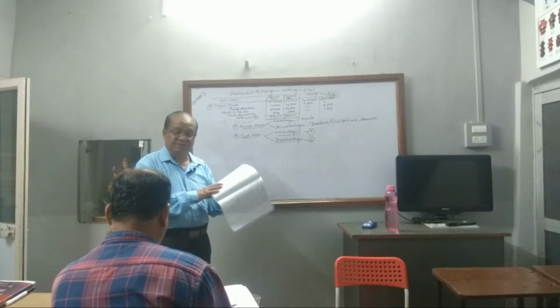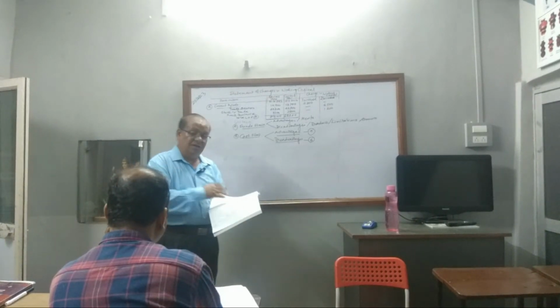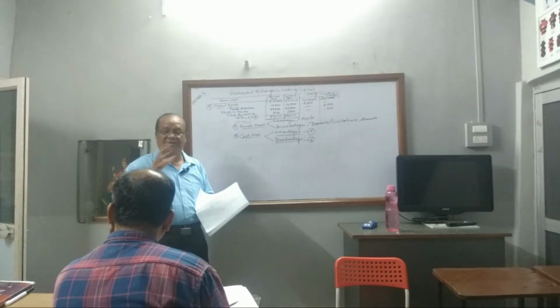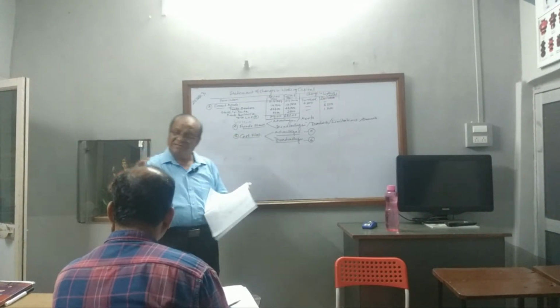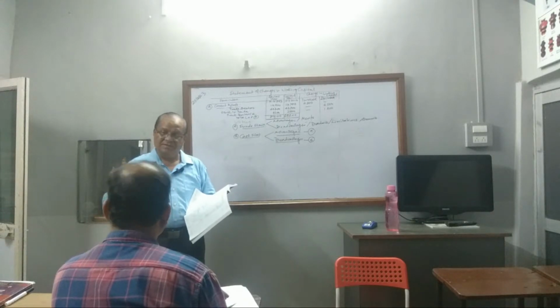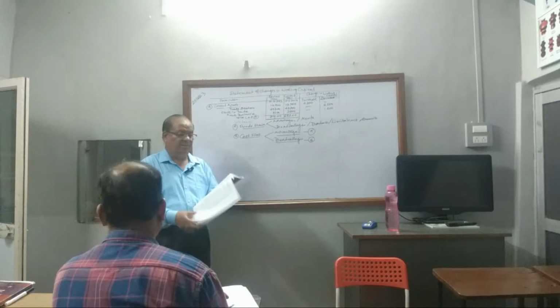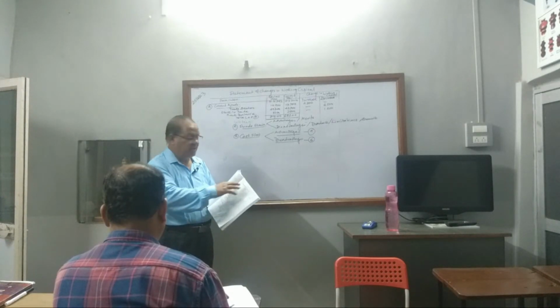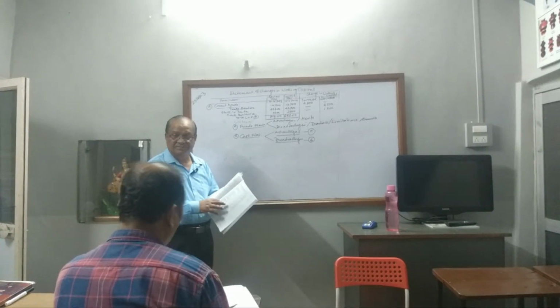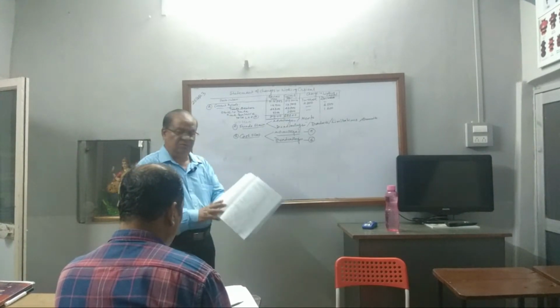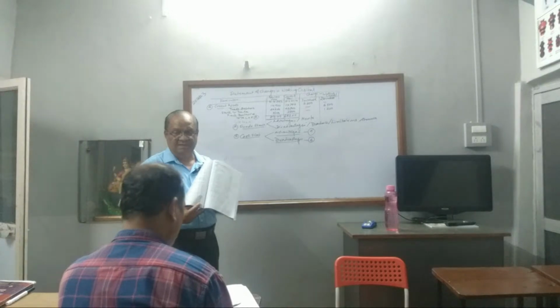From this you see which are cash inflows and which are cash outflows. First you take cash inflows, less cash outflows. So first we'll take cash inflows, then cash outflows. We have to prepare two columns, because they have given only 1 year figures.